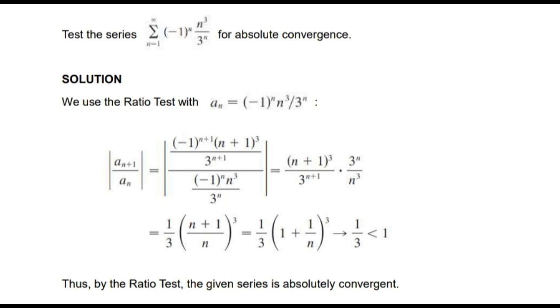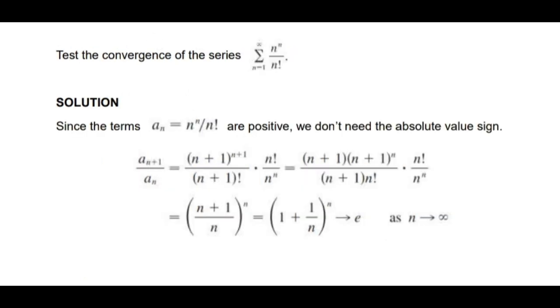So we have now 1/3 times n plus 1 over n, cubed, which equals 1/3 times 1 plus 1 over n, cubed. So we have 1/3, which is less than 1. Thus, by the ratio test, the given series is absolutely convergent.